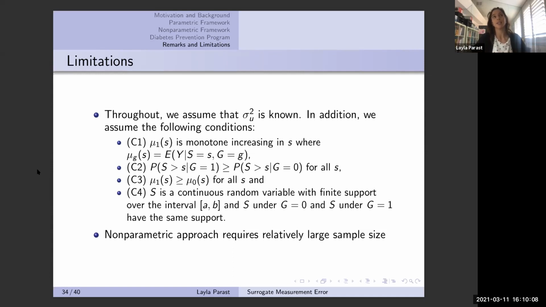My understanding is that you can get a sense of whether they hold or not, but you can't specifically say whether they definitely hold. Like in the diabetes example, I can plot these and it looks like they relatively hold, but I don't think I can say that I 100% think they hold in all diabetes studies that are going to be looking at fasting plasma glucose and hemoglobin A1C.